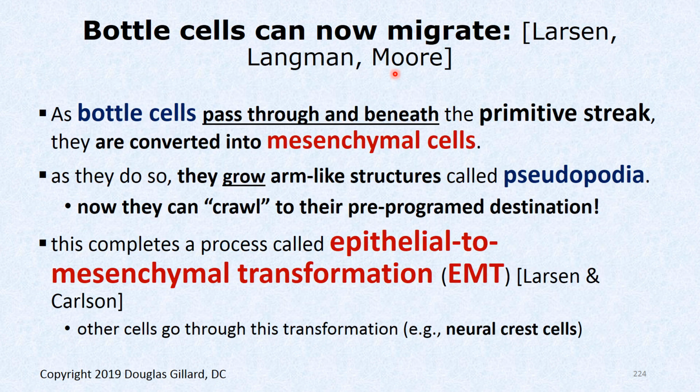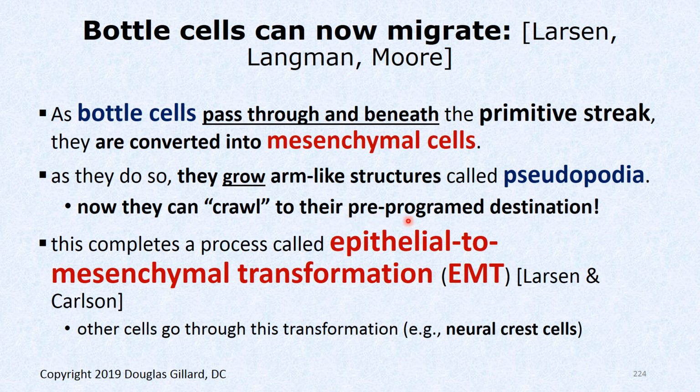All right, so everything I just said: these bottle cells or flask-like cells pass through and beneath the primitive streak. They're converted to mesenchymal cells. As they do so, they grow these feet or arm-like structures called pseudopodia, and now they can crawl to wherever their pre-programmed destination is.